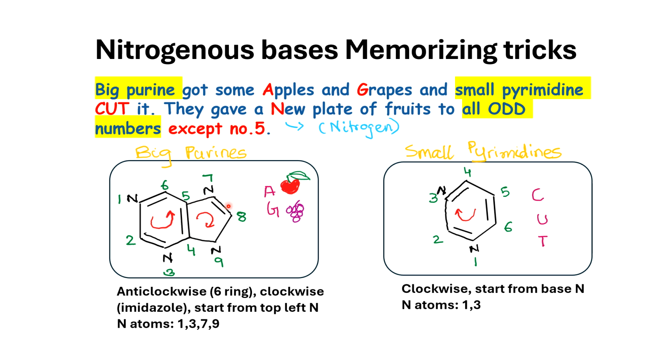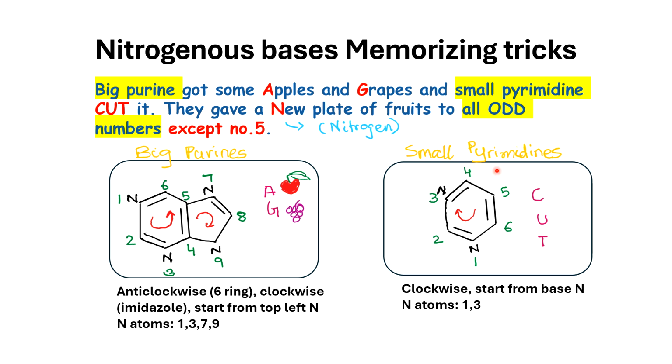And if you look at the imidazole ring, you have to number it in a clockwise manner. So let's see. We put number 1 for the top left nitrogen, 2, 3, 4, 5 and 6. For imidazole, this is clockwise, 7, 8 and 9.